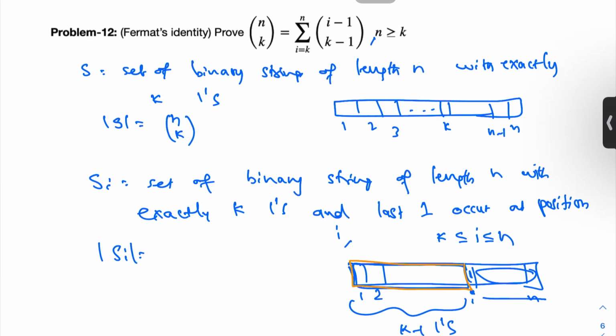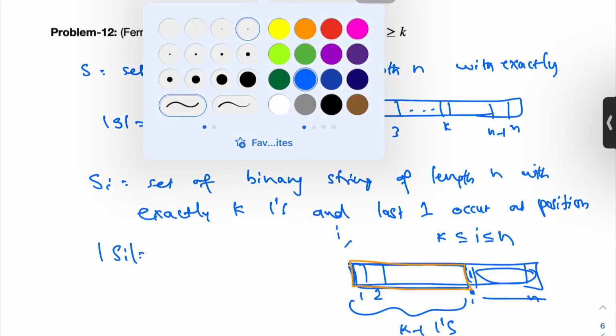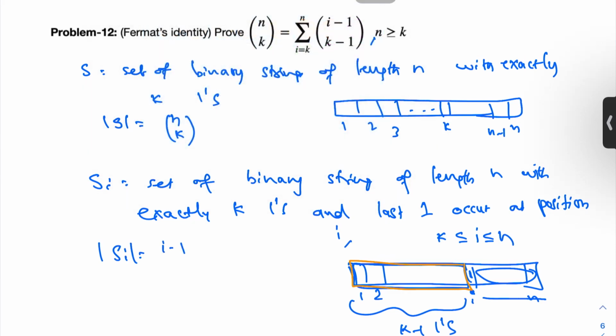The count is i minus 1 choose k minus 1. The remaining positions are all fixed, so that can be done in only one way. Here i is greater than or equal to k.